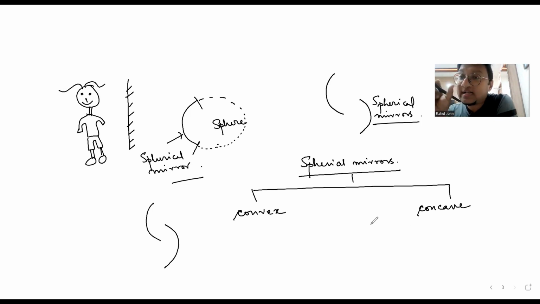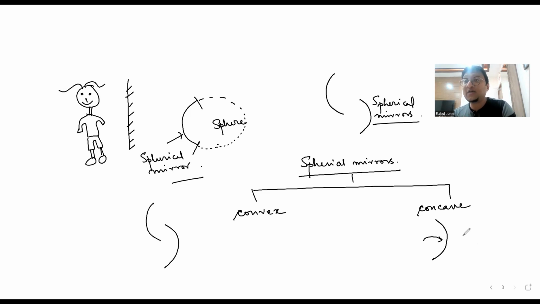Remember, concave, cave. So, you have to go inside a cave, right? Whenever there's a cave, you have to enter the cave. So, similarly, remember that whenever there's a mirror which is bulging inwards, means you have to go in.